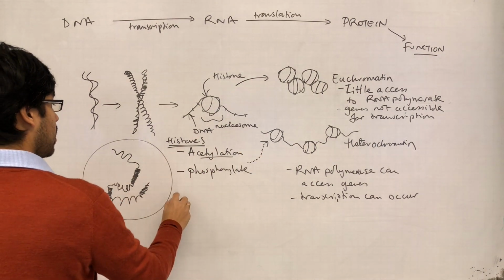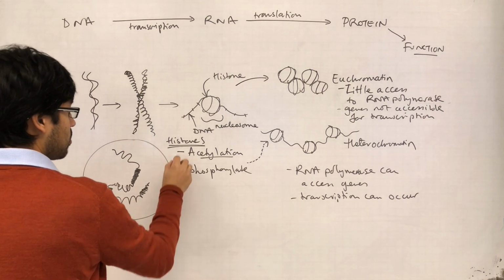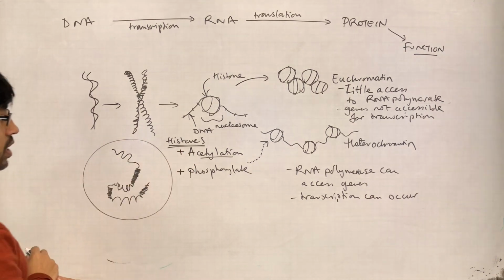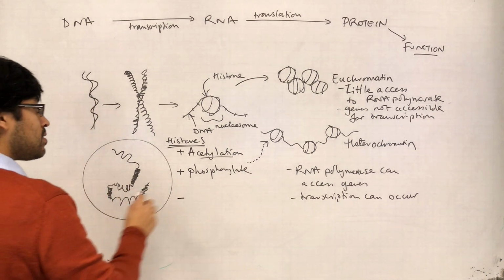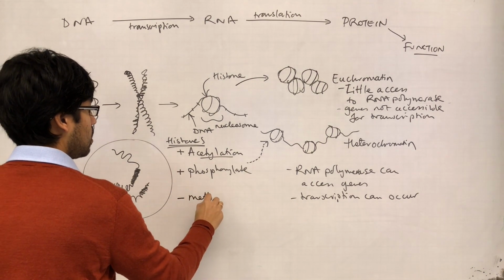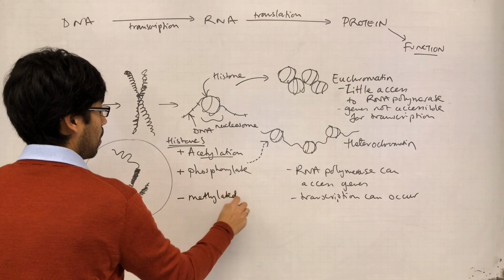In the opposite way, so let's just call these plus modifications, the negative modification is that the histone proteins can be methylated.